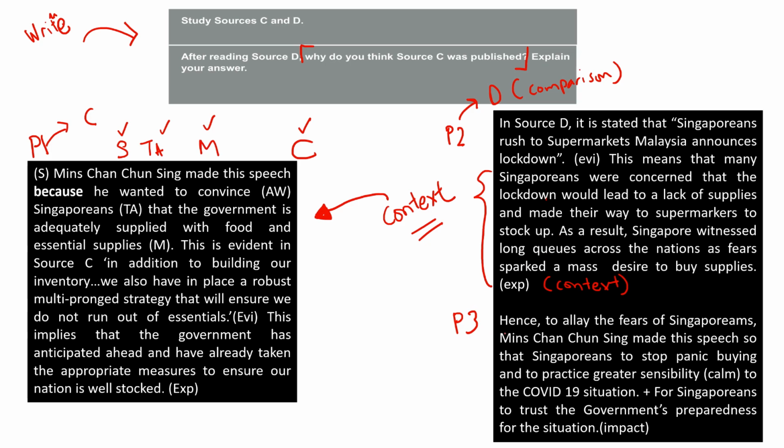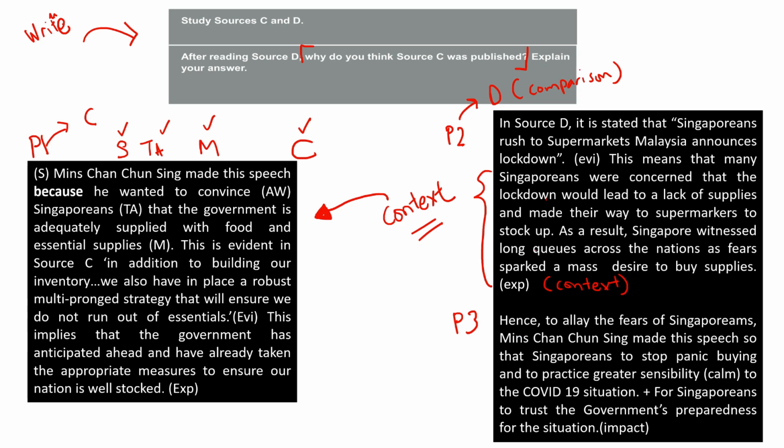So hence, now I know the main message that source C is deriving and who it is speaking to, and I've identified the context which source D helped me to pull out. I now am better and more confident to derive or to explain what the impact is.